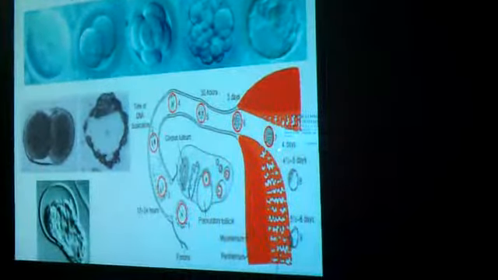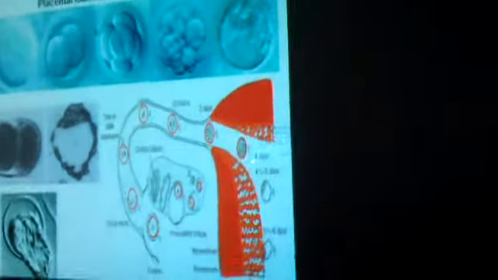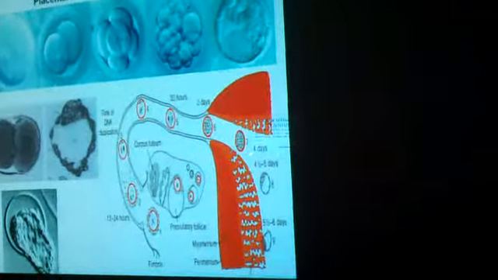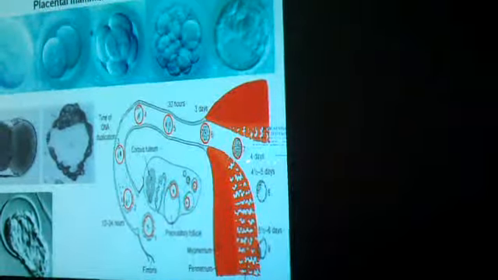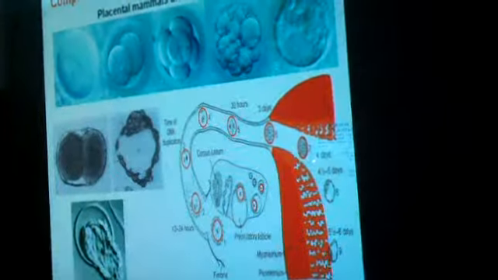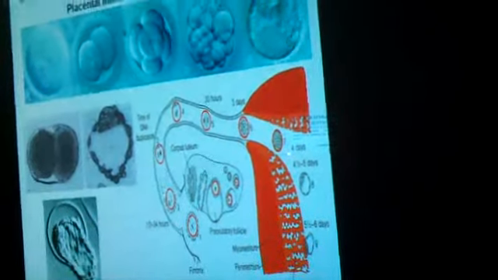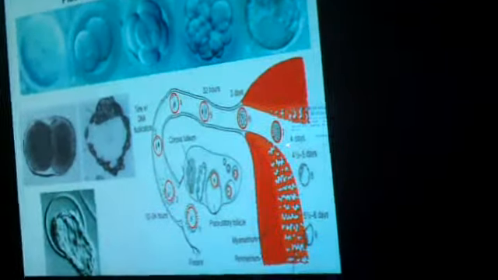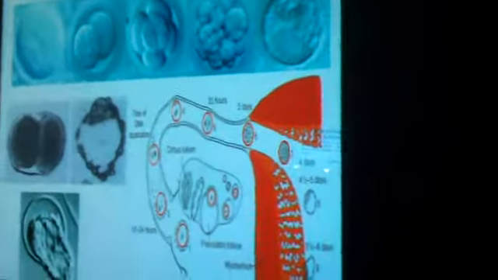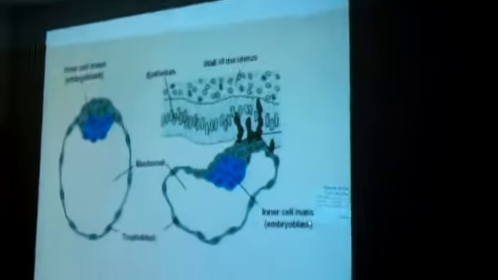It looks a little bit like lancelet, but at the end of cleavage we have a different structure called blastocyst. Cleavage in human occurs while the embryo moves through the fallopian tube, the uterine tube, to the uterus.